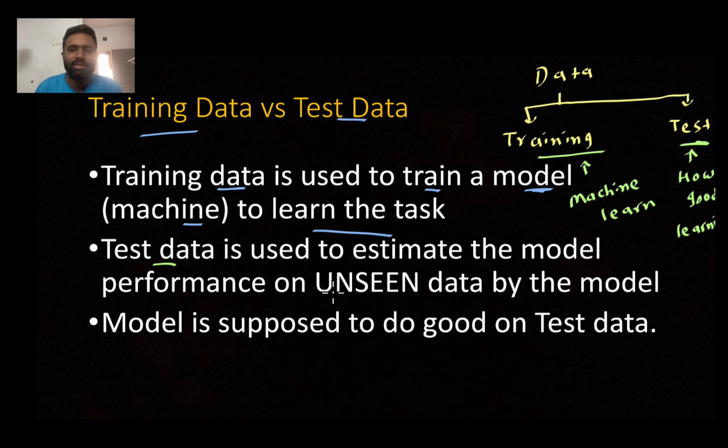Test data is unseen by the model, and it is just used for estimating the model performance. We want the model to do well on this unseen data, or test data. Again, why keep it separate? Because one data we already use for the machine to learn, so the machine will already be doing well on it, and because the machine has seen this data, there is a separate category on which we evaluate the model performance, that is, how good the learning is.